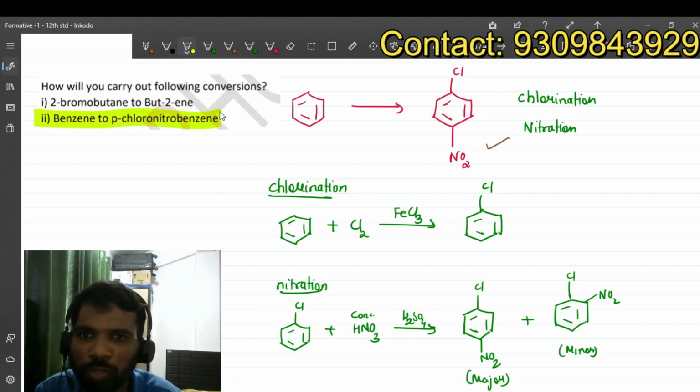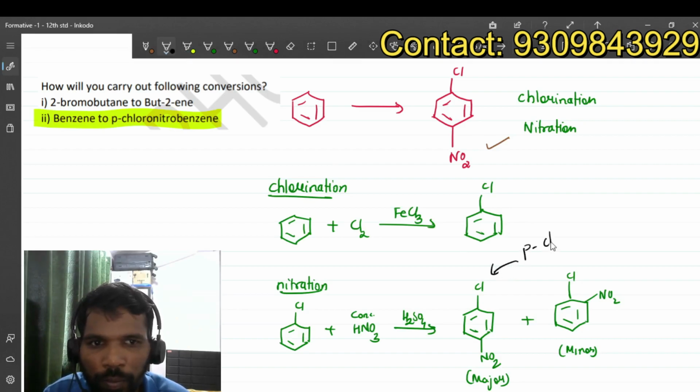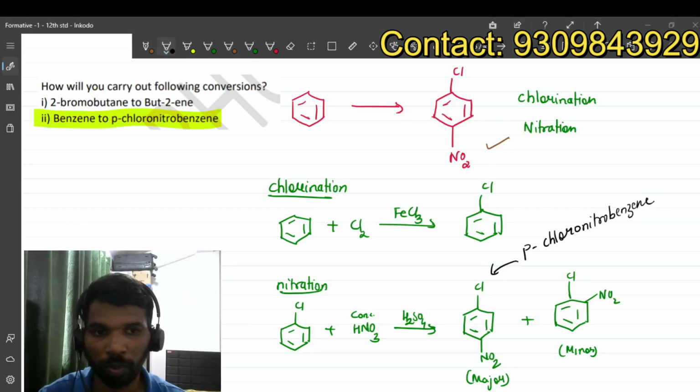So this is the answer to my question. Benzene to para-chloronitrobenzene, this is the product we are getting. The name of this product is para-chloronitrobenzene.